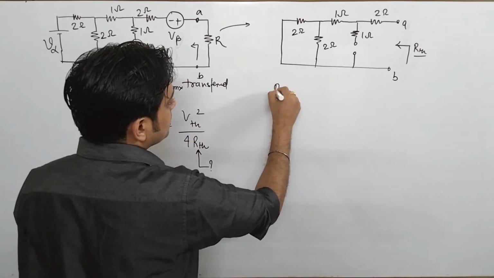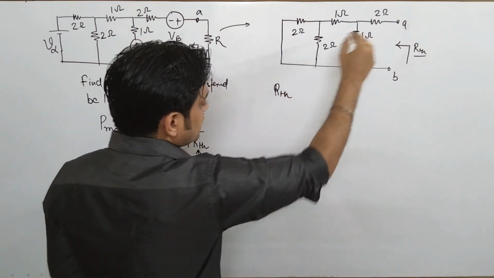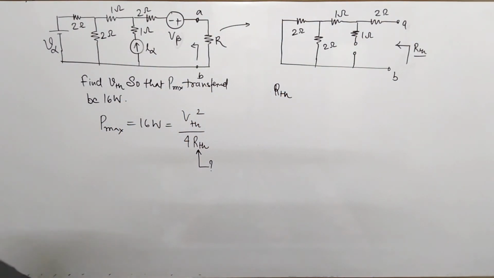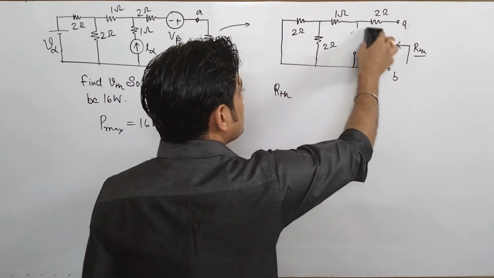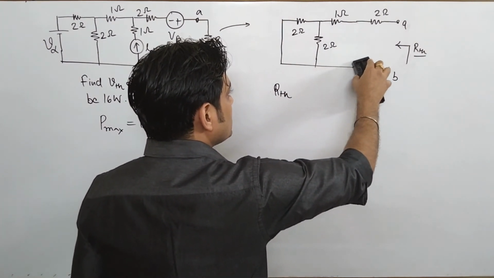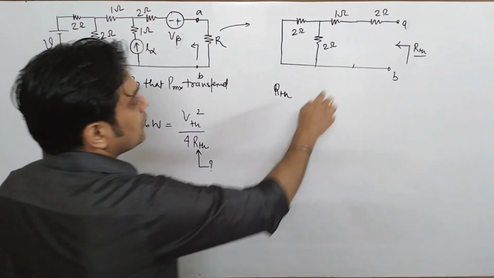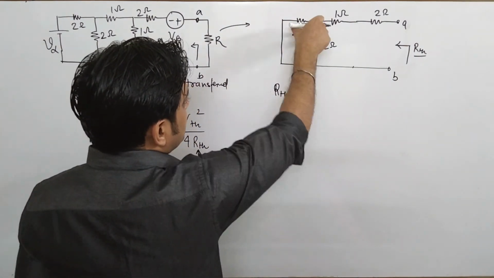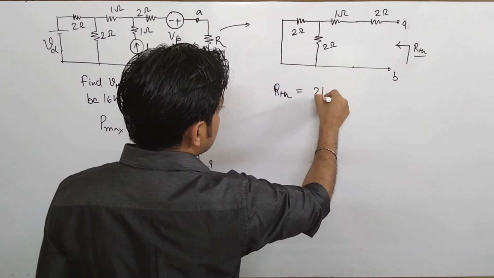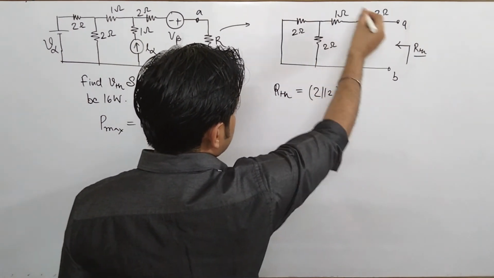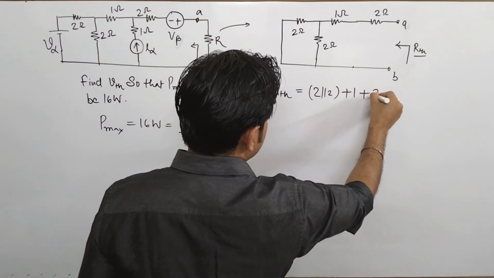So what is RTH? See, there is no meaning of this branch. Why? Because it is open circuit. Please keep in mind this is open circuit, so there is no meaning of this branch. I will simply remove this branch. From here these 2 ohm resistances are in parallel, and it is in series with 1 ohm plus 2 ohm.